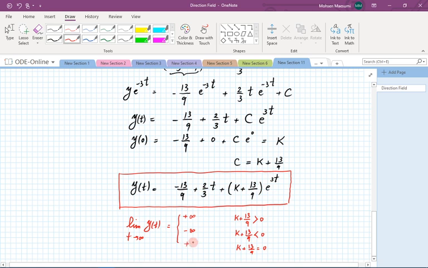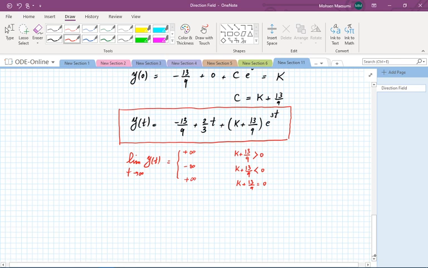So our final statement is the following. If k is larger than or equal to minus 13/9, then y goes to plus infinity.